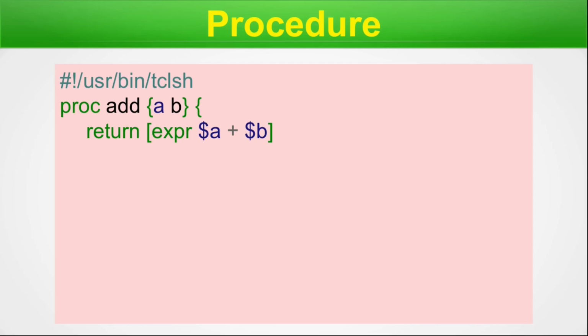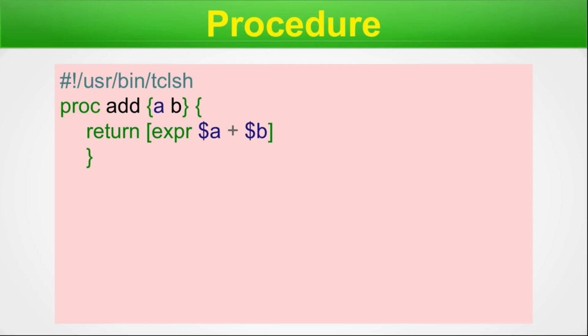If you remember, we encountered expr earlier also. So expr will do addition of $A and $B, and that addition will be returned. Okay, so this is a typical return command of a procedure, and I close here. So it's a very simple procedure with a return value and 2 arguments. Here it takes 2 scalars, adds them and returns a scalar value.